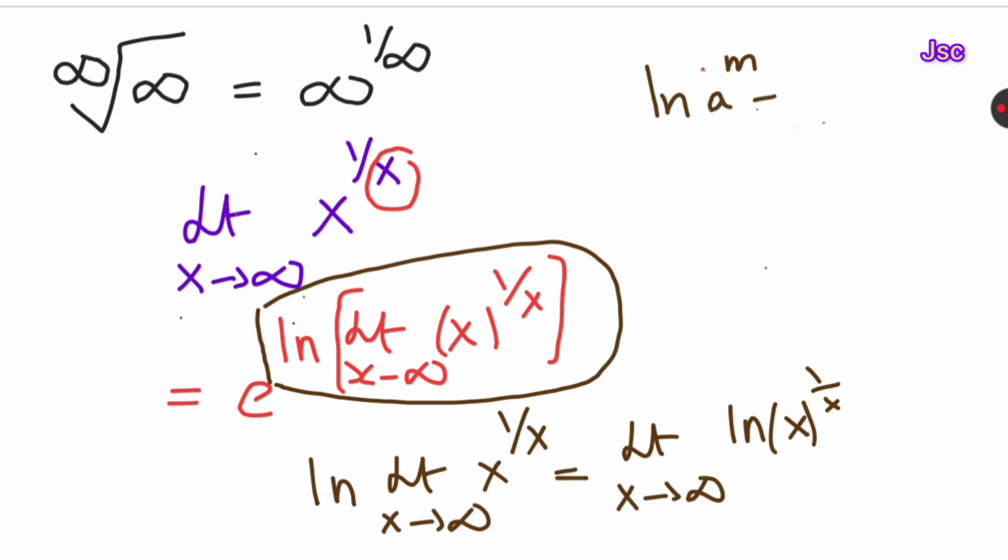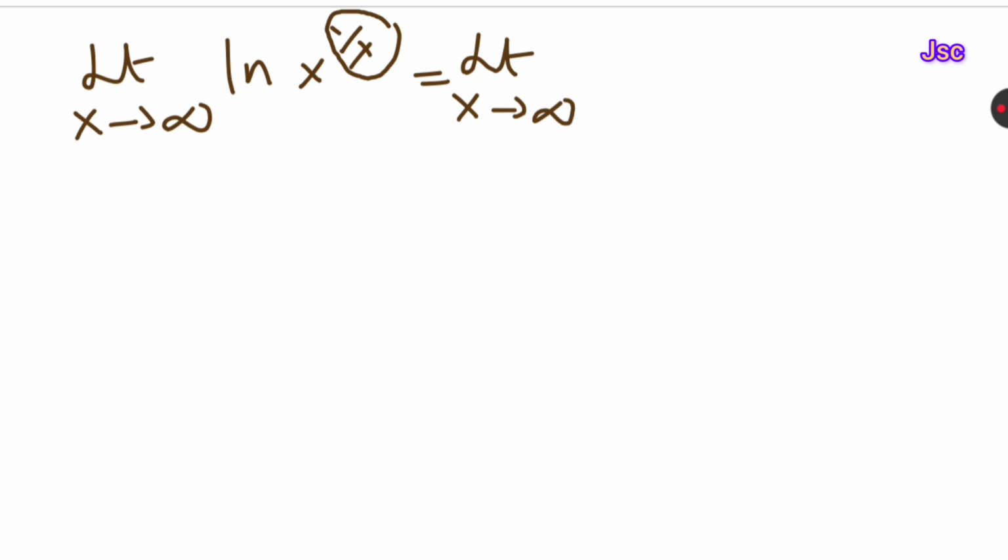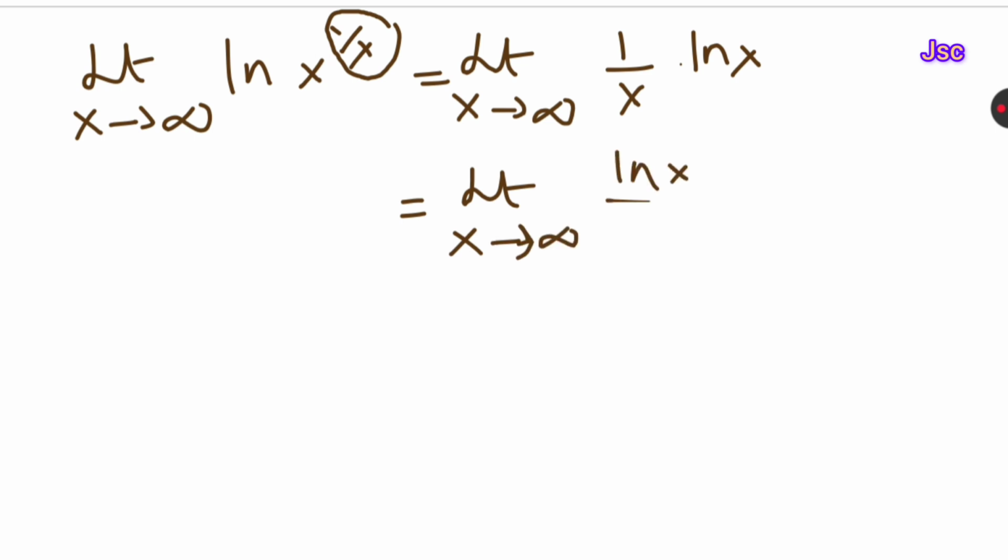So according to the logarithm property, we can write this as m times ln a. Similarly, this we can write as limit x tends to infinity, 1 over x looks like m. So we can write m times, that is 1 over x times ln x. So this we can write as limit x tends to infinity, ln x over x.